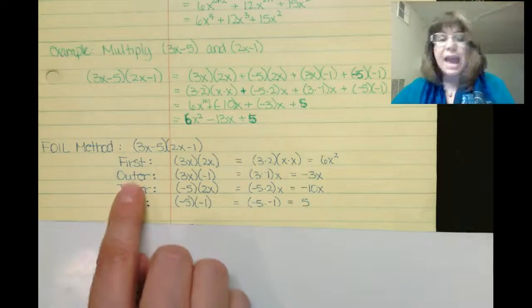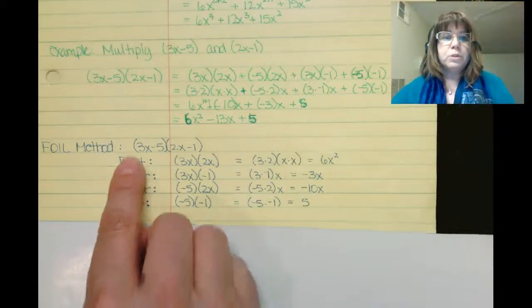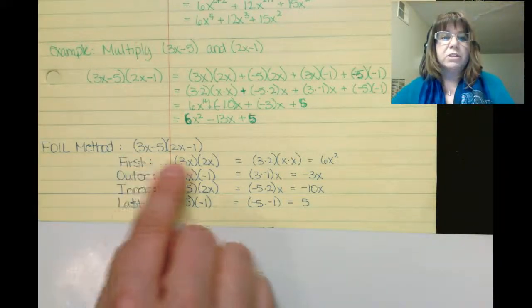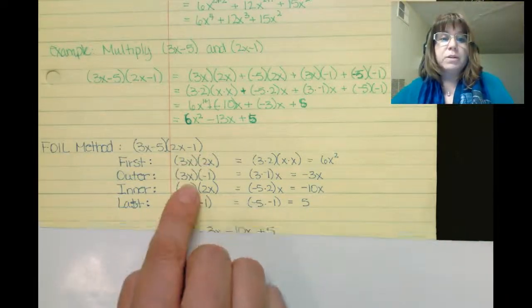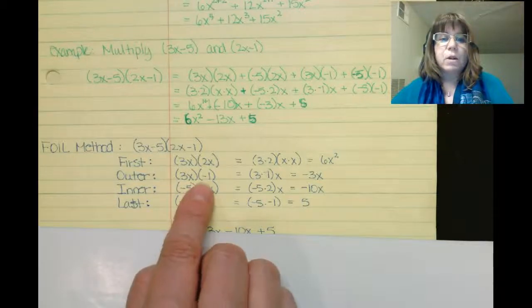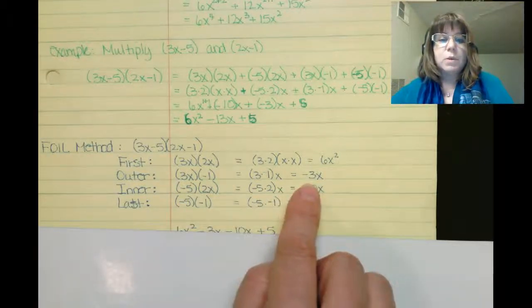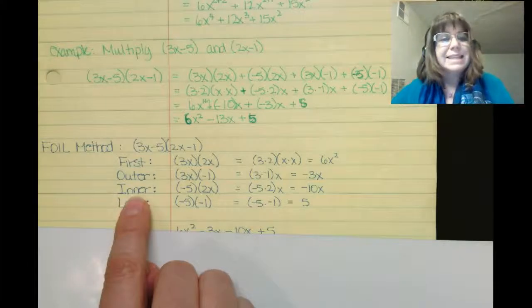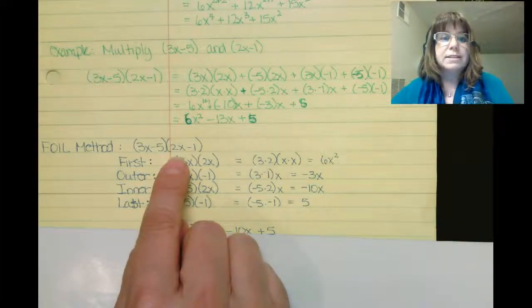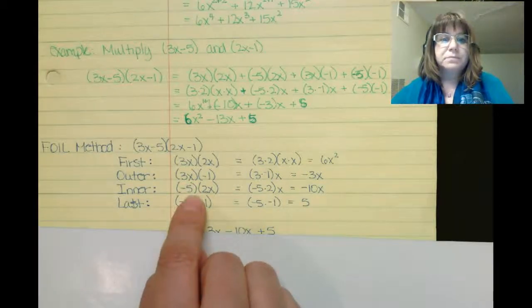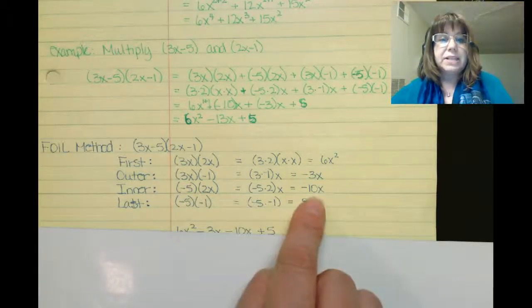Then I take the outer terms, which would be the first term in the first binomial and the last term in the second binomial, and I multiply those. So I have 3x times negative 1. That gives me negative 3x. Then I take the inner two terms, which is negative 5 and 2x, multiply those together, giving me negative 10x.